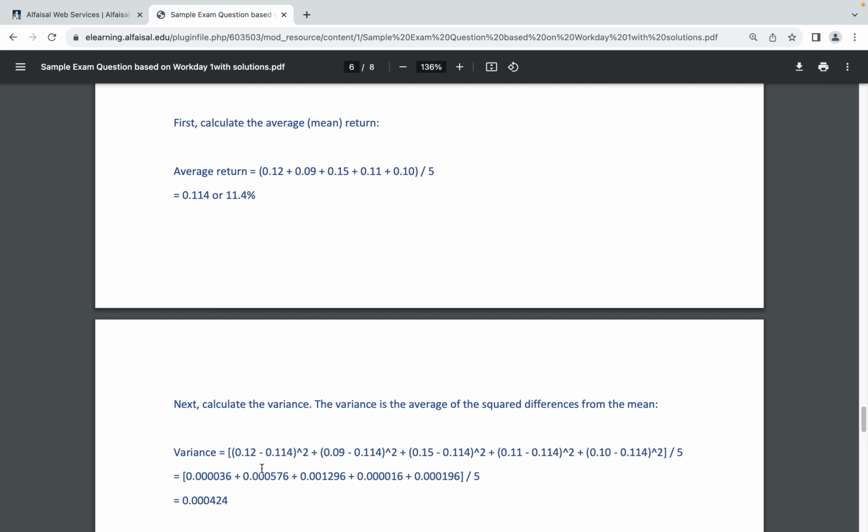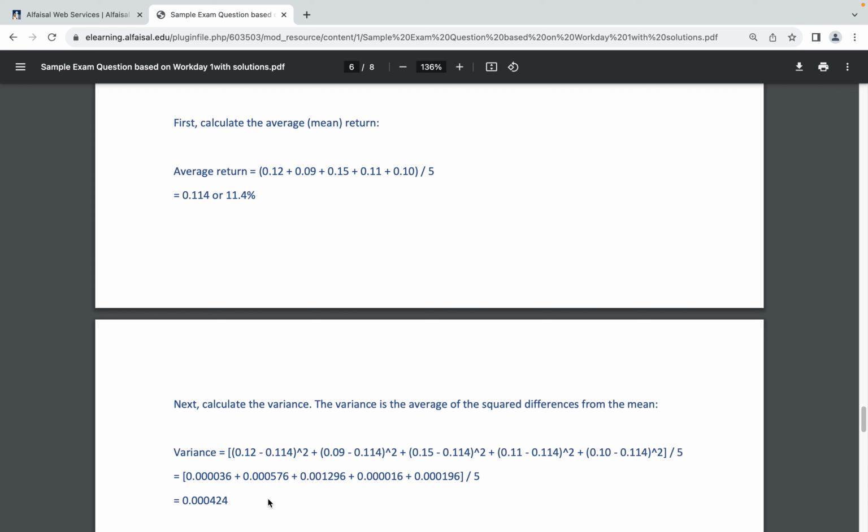But variance essentially is we take each scenario's return, take away the expected return, and square that. And it's the sum of all these operations, so it's the sum of squared deviations from the mean, divided by the number of years.